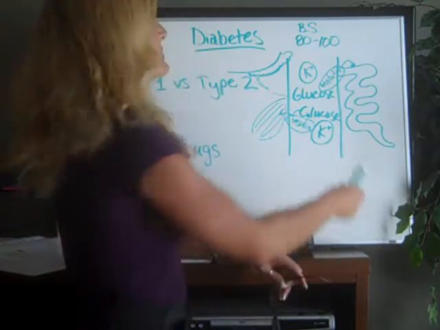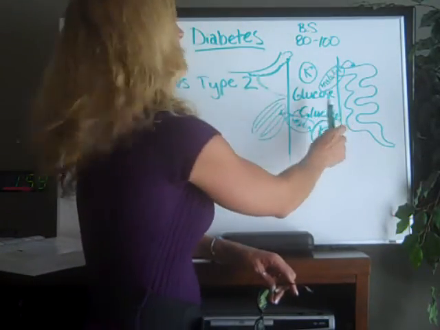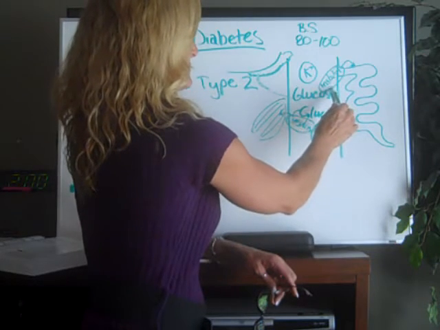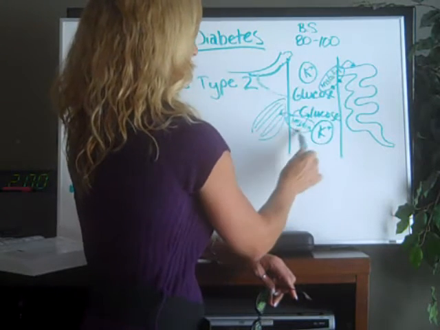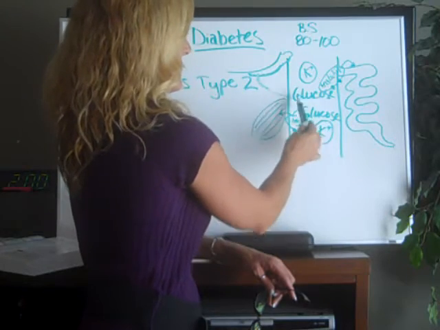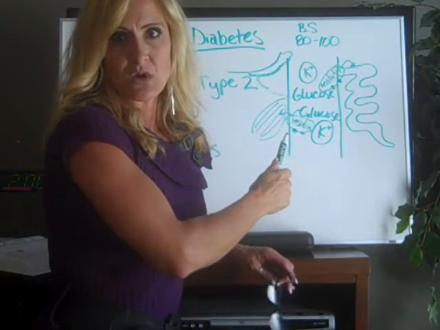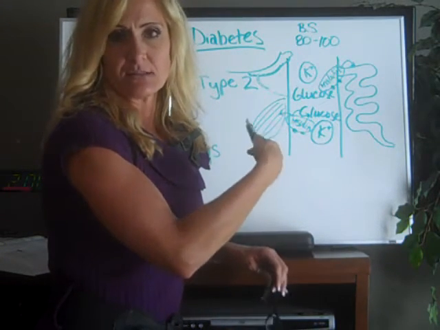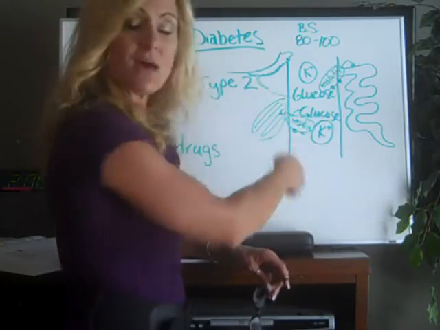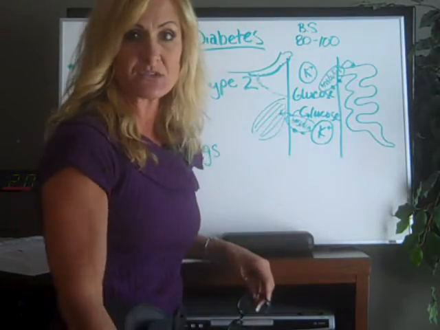That's the fuel. So the whole point of the insulin is to, this is supposed to be like a little car. I don't know if you can see it from there. But you'll remember from talking about fluid and electrolytes and osmolality, you know that you have glucose floating around in the bloodstream.